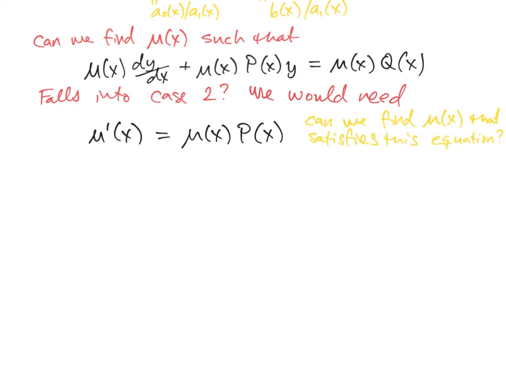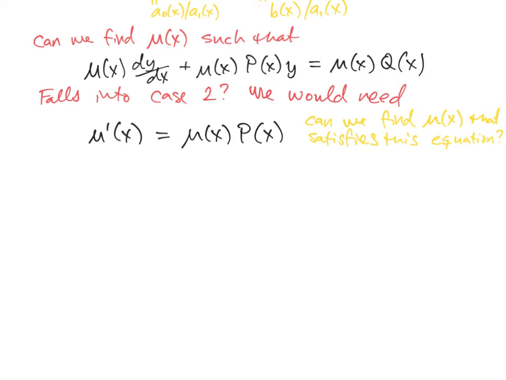So now the question becomes, can we find a mu of x that satisfies this equation that I just wrote out here? Well, think about this equation now. This is a differential equation, right? It's got mu prime of x equals some other function of x. It doesn't have any y's in it, so now it's a differential equation in x. But it's a really simple differential equation, and we should be able to solve this just by integrating.